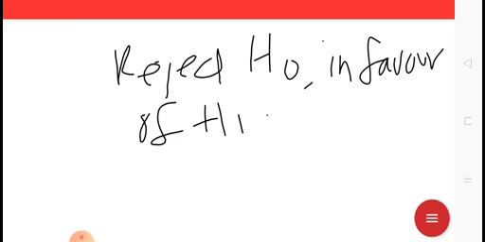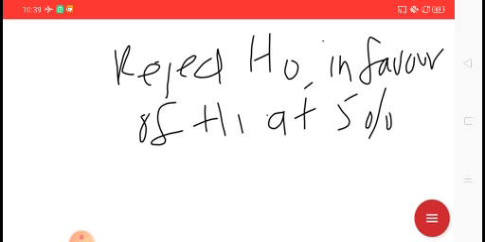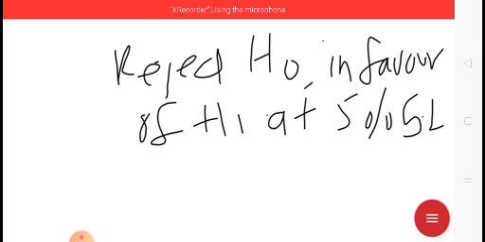Okay, so question is whether the mean length is the same as the author. So you can say at 5% significance level that the mean number of words in the sentence is not the same as the author's.